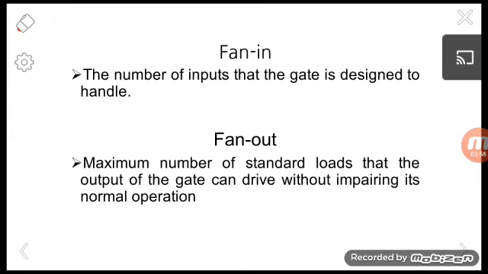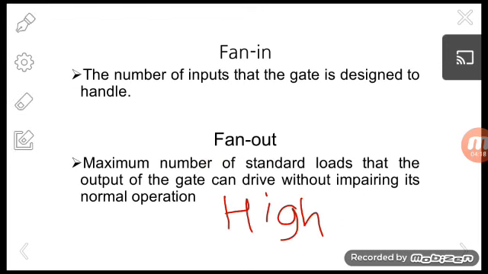There are two types of fan outs: high state fan out and low state fan out. High state fan out is the fan out of the gate when its output is a logic 1, that is, how many loads we can connect to the output of a gate at that time.